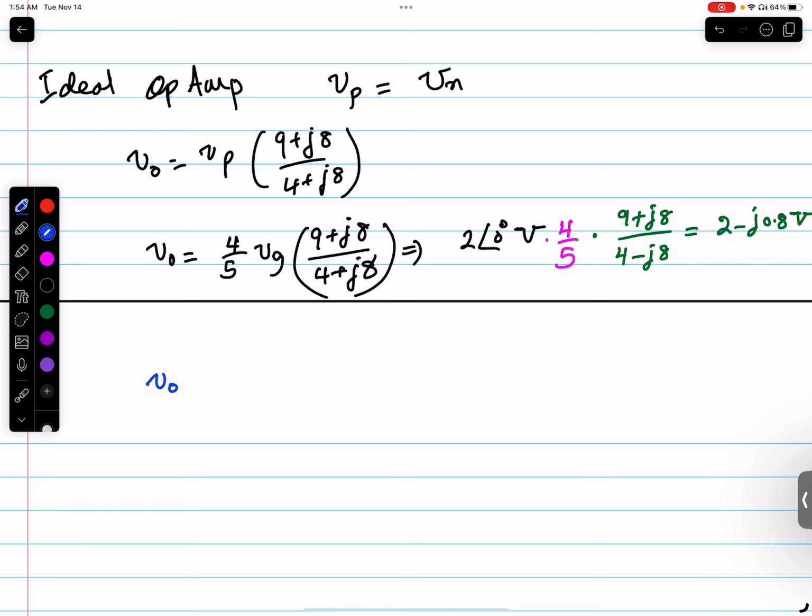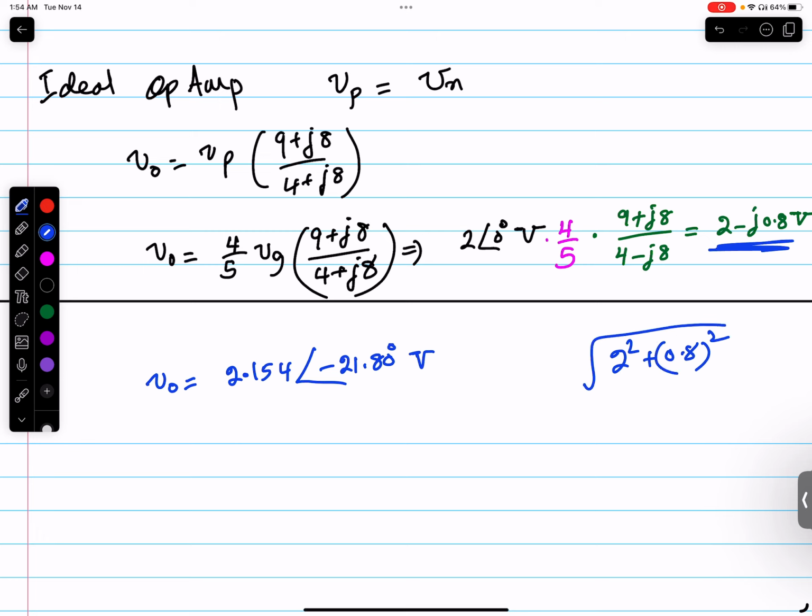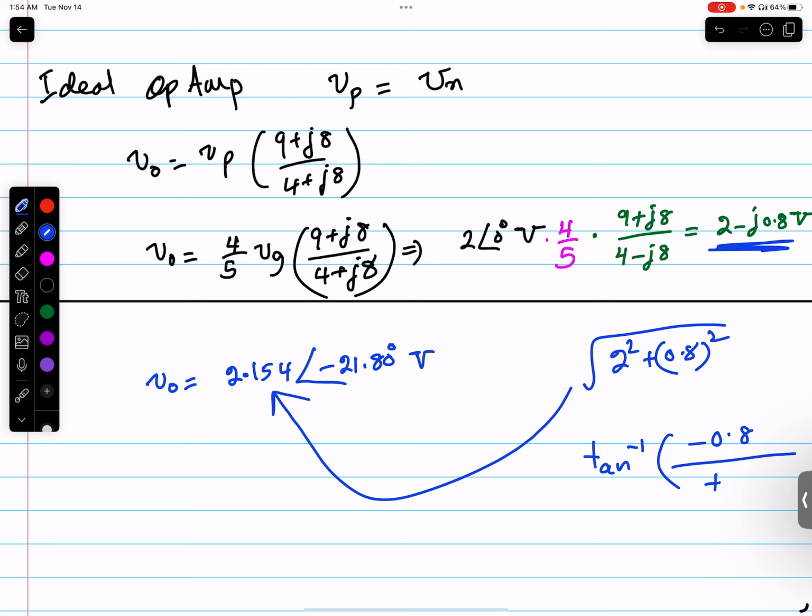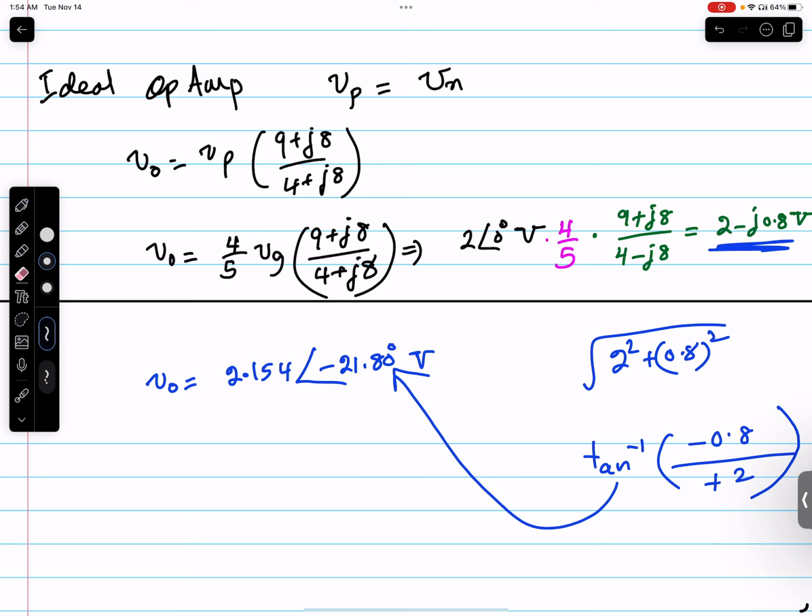V output equals 2.154 angle negative 21.80 volts. All I have done is convert this rectangular form into polar form: 2 squared plus 0.8 the whole squared, under root, and similarly arctan of imaginary part by real part.